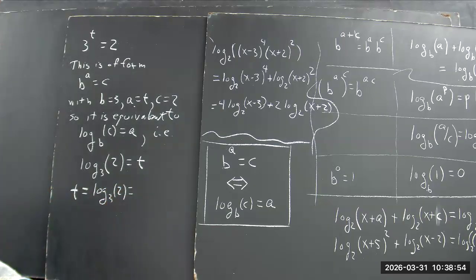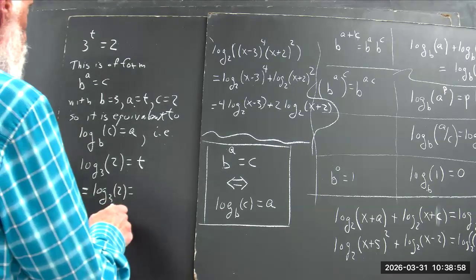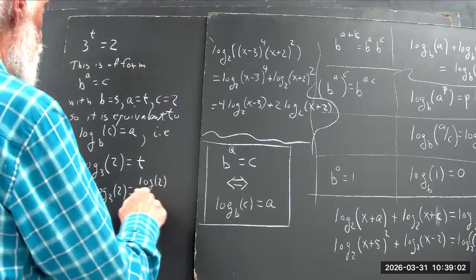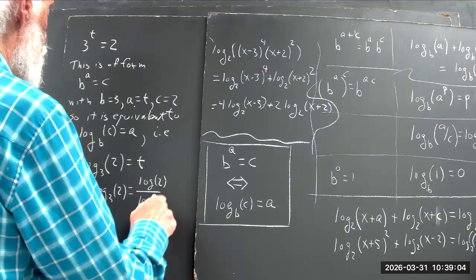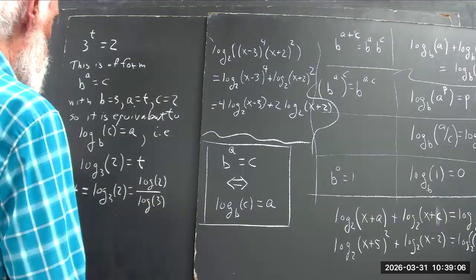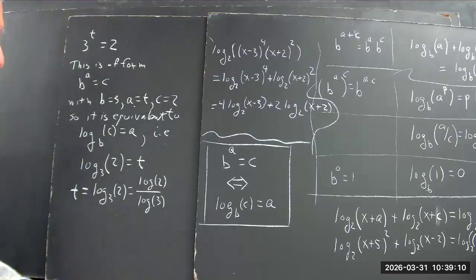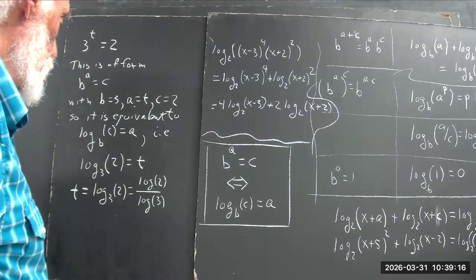And there's actually another rule that we use for logarithms. Log base 3 of 2 is the log of 2 divided by the log of 3. And you have a LOG button on your calculator.